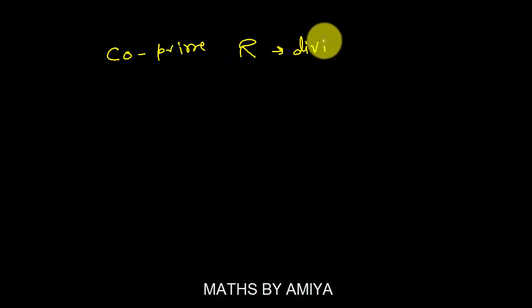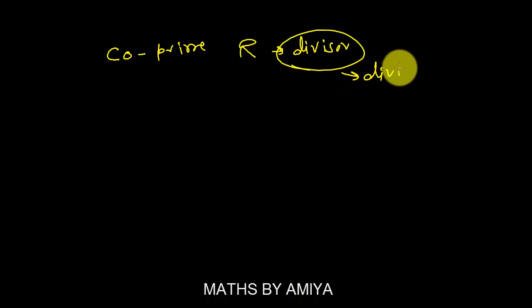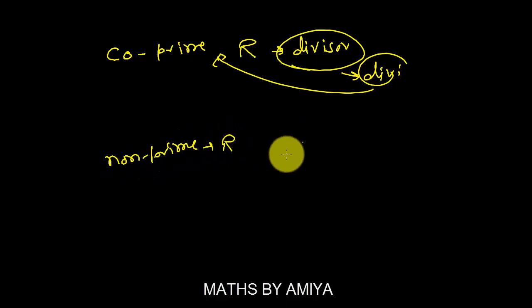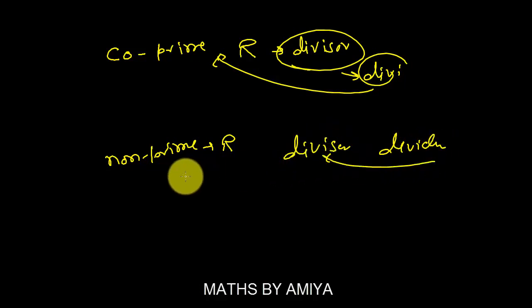So we would get a co-prime remainder with the divisor if divisor and dividend are co-prime, or we will get a non-co-prime remainder if our divisor and dividend are not co-prime.